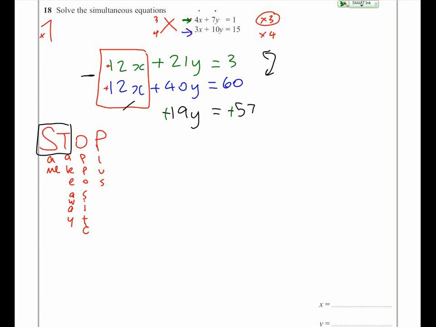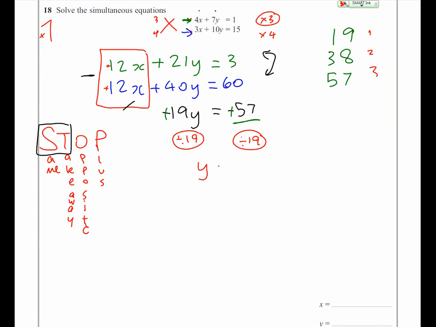Wow, they're horrible numbers for a non-calculator paper. Let's think about our 19 times table and see if it goes into 57. 19, 38, 57. Would you look at that? 1, 2, 3. So y has to be 3 if we divide by 19.